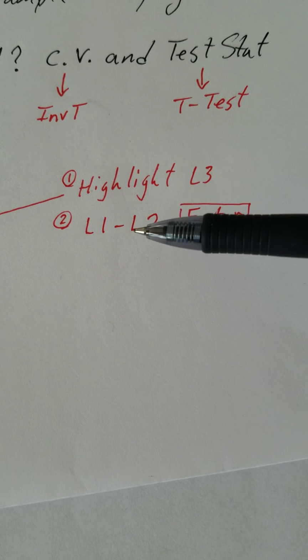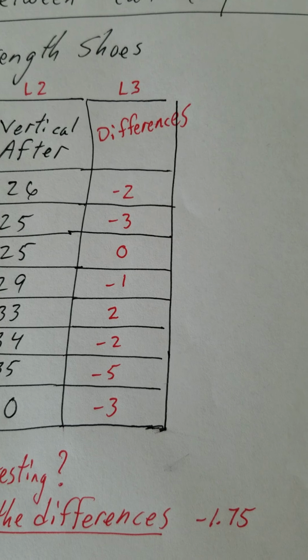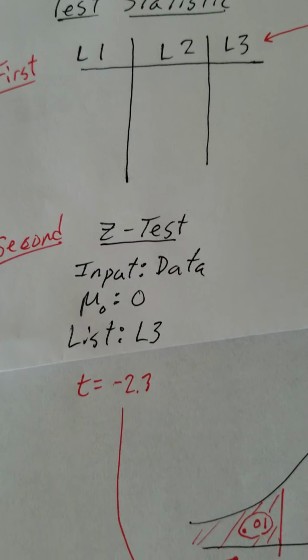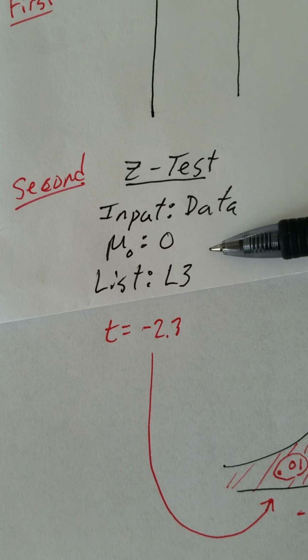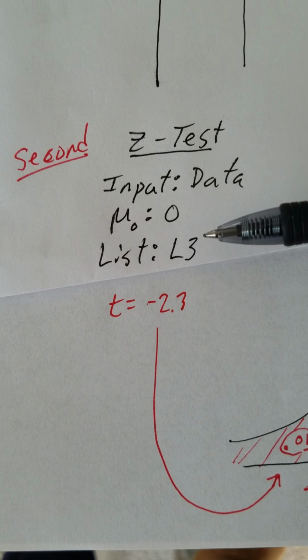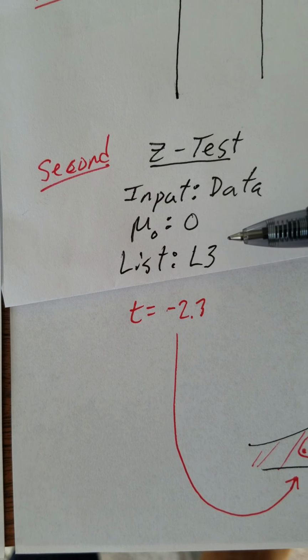Remember, list 1 and list 2 are above your 1 and 2 keys. It will populate the list with these numbers. So now you've got those differences. Now when you go to t-test, highlight data instead of stats. Still put in 0, but make sure you put in list 3 as your list. Then calculate.